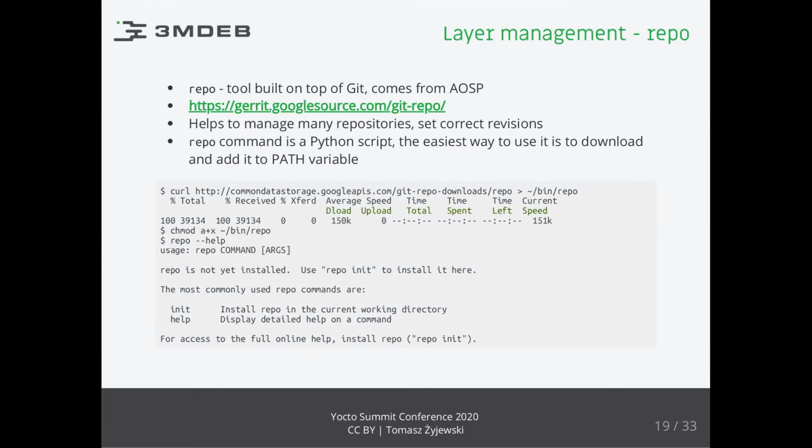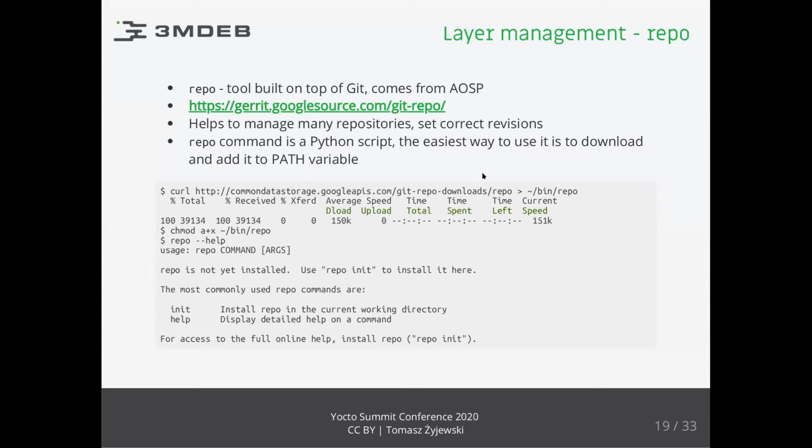Okay, so the next tool will be repo. Repo is a tool built on Git. It comes from the Android Open Source Project, where we also deal with the management of a large number of repositories. Its task is not to replace Git, but to facilitate work with it. The repo command itself is a Python script that can be run from anywhere when added to the path. So to use repo as a layer management tool, we need to download it to somewhere that the path variable sees.